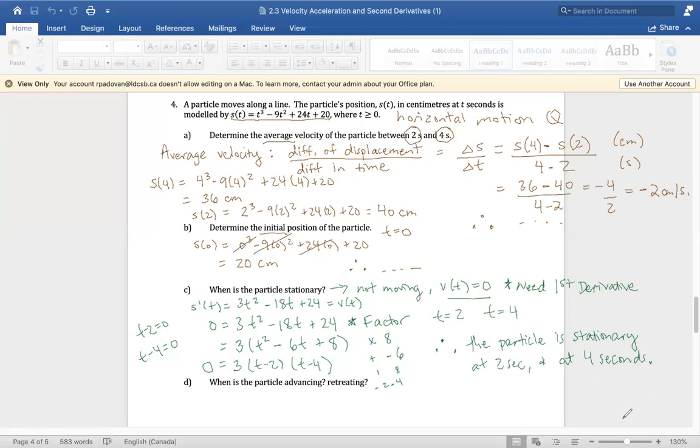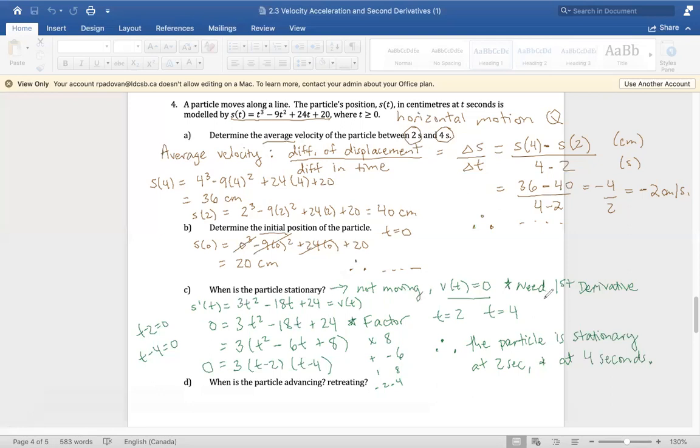Just to think ahead here, when it's not moving, where would you be along the curve? Exactly at that point in time, right? Then again, your tangent lines would be horizontal. Your slopes would be 0.